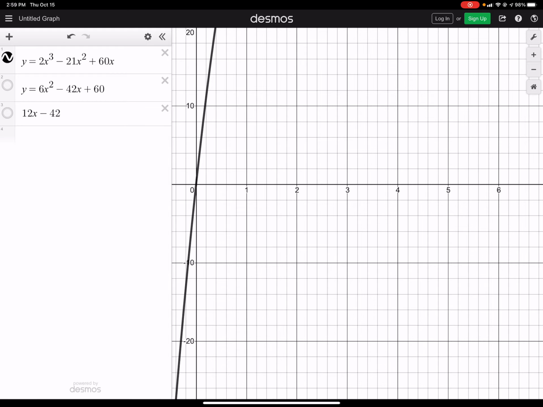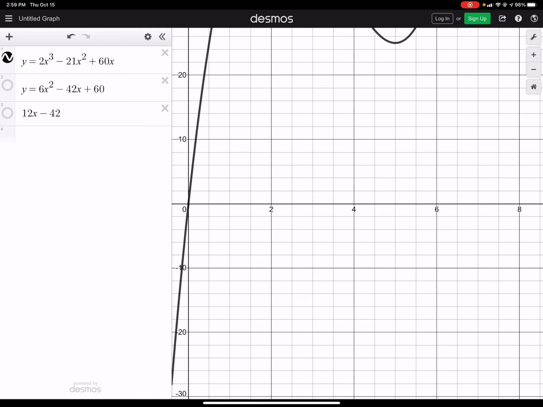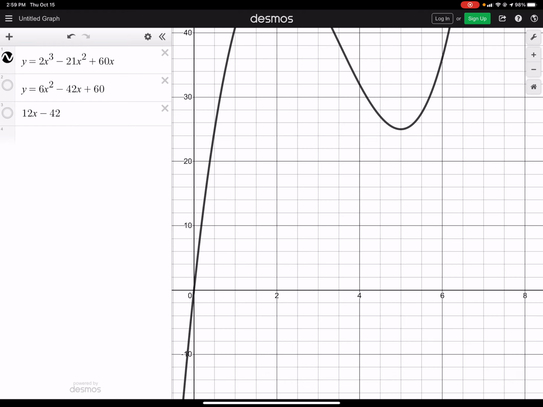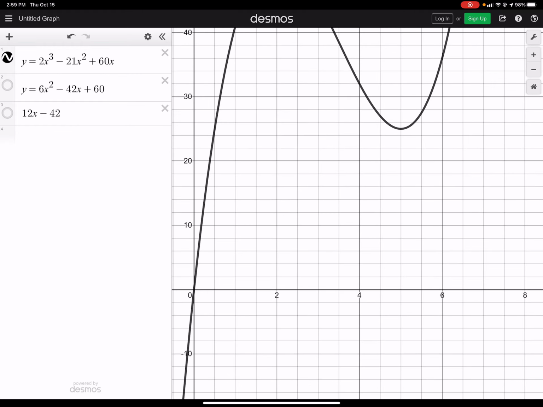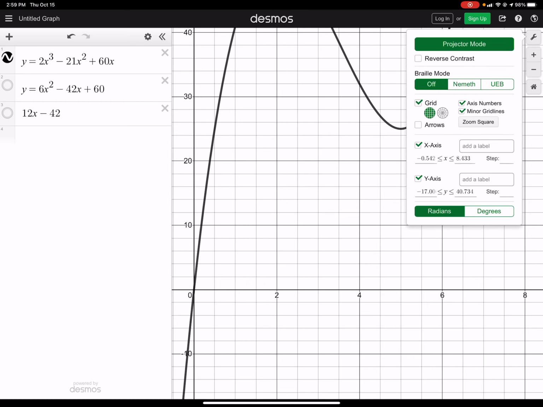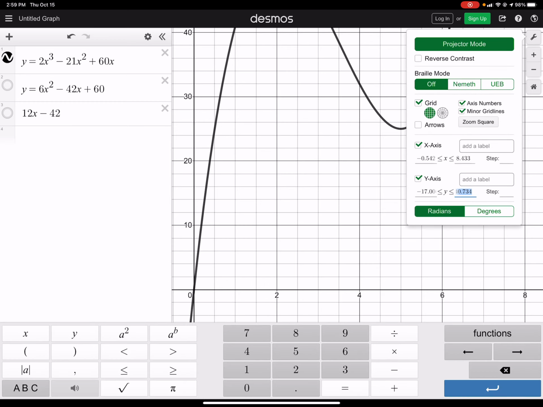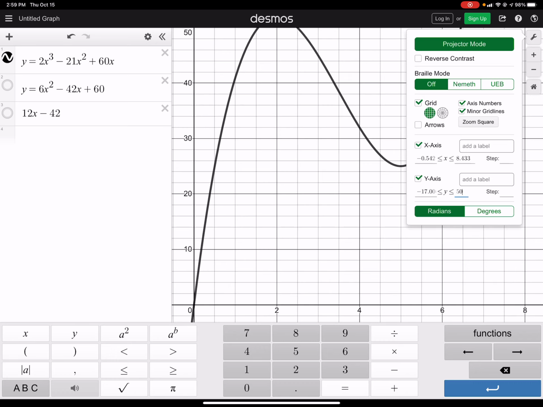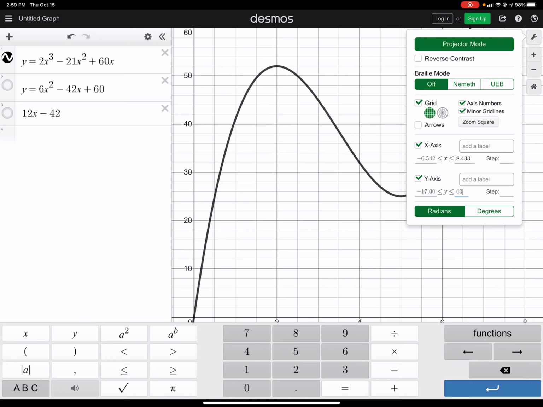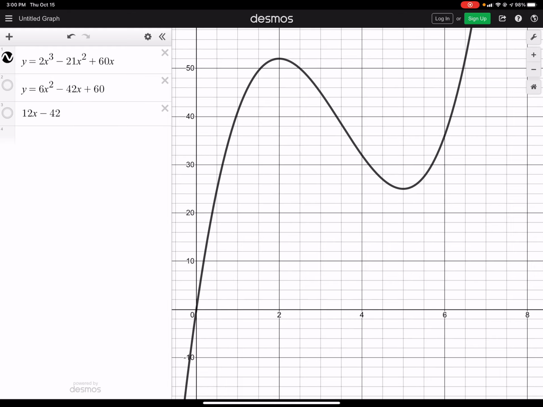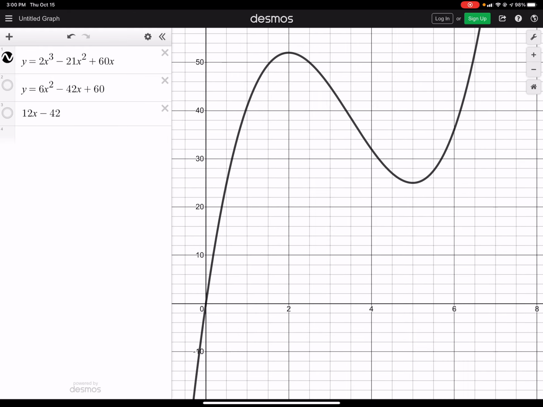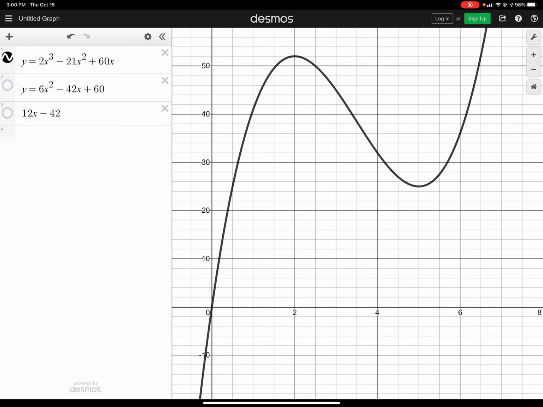What if your graph looked like that and you have your 6 seconds and you want more of the graph above? The top is at 40 right now. If I go to my settings, I want to make the top one bigger than 40. What happens if it's 50? That's not big enough, I can see. Let's make it 60. All right, that works. Now I have the whole graph in the frame, and that's what it looks like.